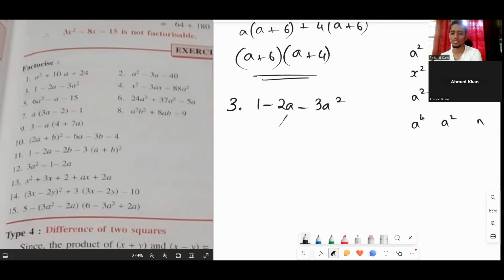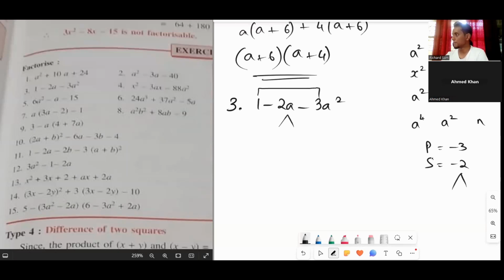So the rule is still the same. What is the sum? Minus 2. What's the product? 1 into minus 3, right? You have to multiply this term into this term, right? 1 into minus 3. So what are the two numbers? First you look at the product. What sign is the product? Minus. So since the product is negative, it has to be plus into minus. One number should be positive, one should be negative.